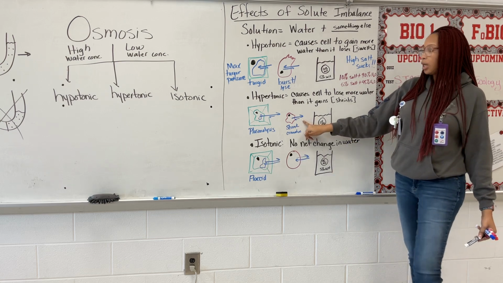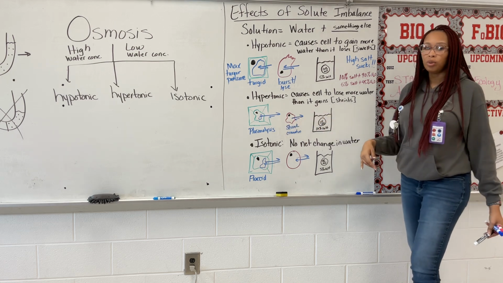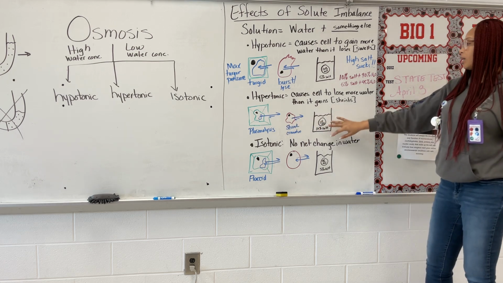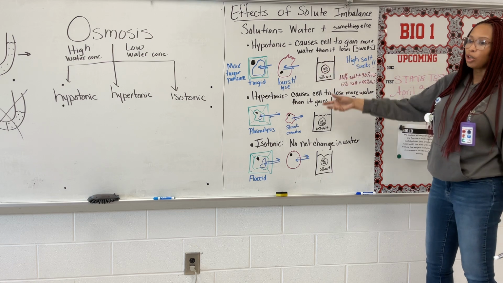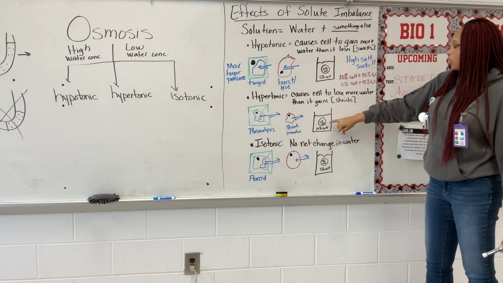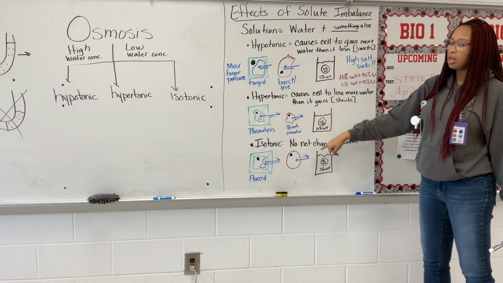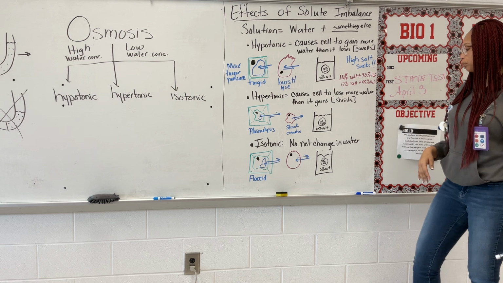In an animal cell, the cell shrinks, undergoes crenation. In both cases, the cell will die, okay? It's the exact opposite of hypotonic. So there's going to be more of the salts outside of the cell than in. So in this case, the water is going to go to where the high salt is. The water is going to leave the cell, and the cell is going to shrink.